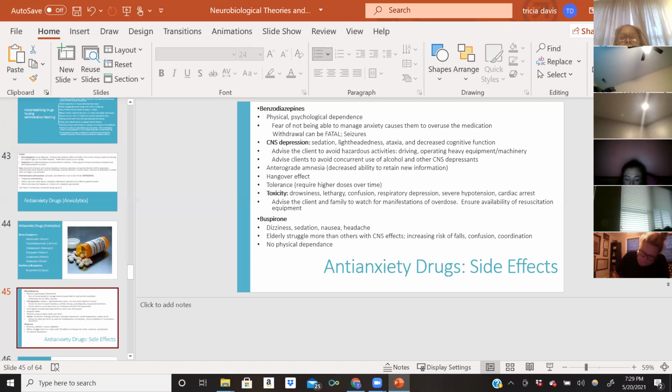Buspirone or Buspar is going to cause dizziness, sedation, nausea, headache. The elderly struggle more than any other population of people with the CNS effects. So these will be used very, very cautiously. It increases their risk of falls. It makes their confusion worse. It causes them to be uncoordinated, causing them to fall.